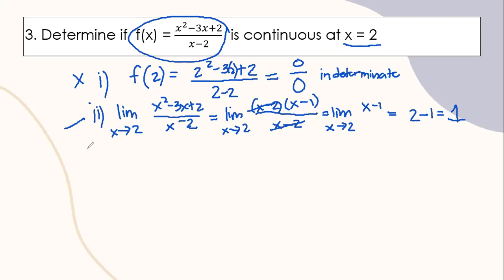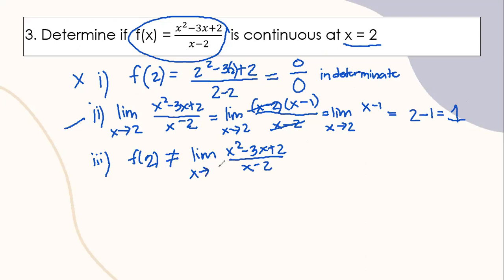So for our third condition, are they equal? Okay, so f of 2 is not equal to the limit of x squared minus 3x plus 2 all over x minus 2 as x approaches 2. Okay, so hindi sila equal. So hindi na satisfy yung third condition.